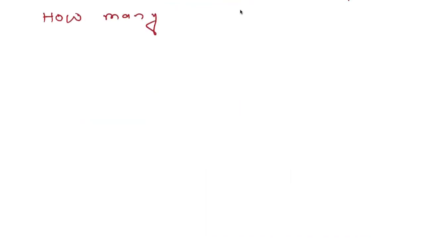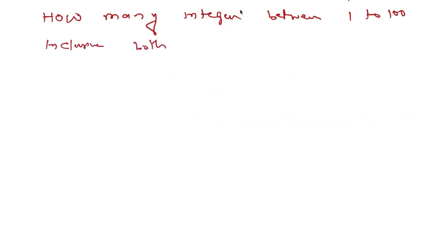How many integers between 1 to 100 inclusive both are divisible by neither 5 nor 3.